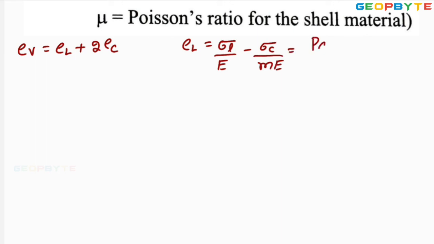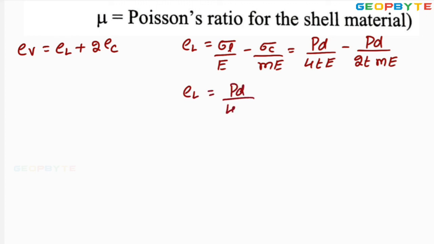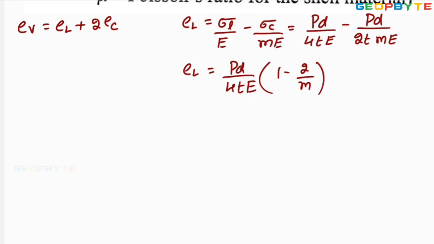Sigma L equal to PD by 4TE minus PD by 2TmE. So EL equal to PD by 4TE outside into 1 minus 2 by m. That is the longitudinal strain.